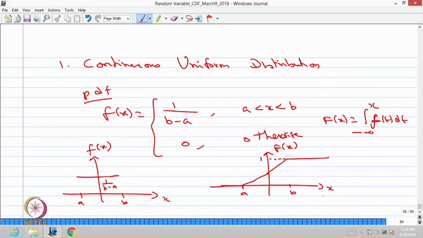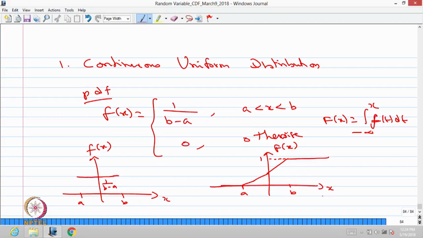Similarly, if you draw the histogram and it is a constant between some interval and 0 for all other values, then you can visualize that the data follows a continuous type uniform distribution.